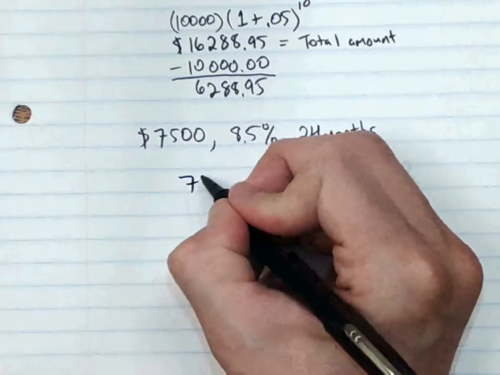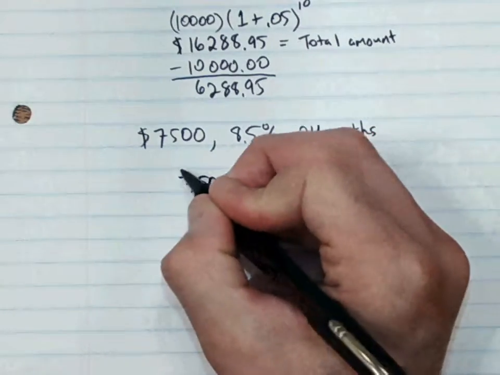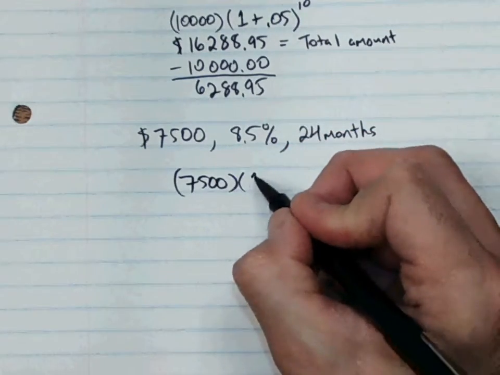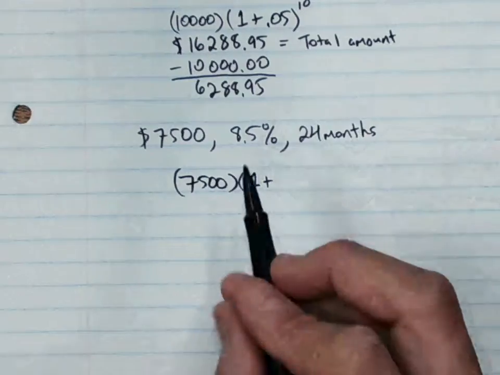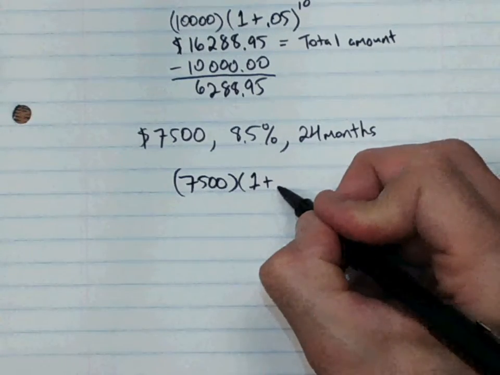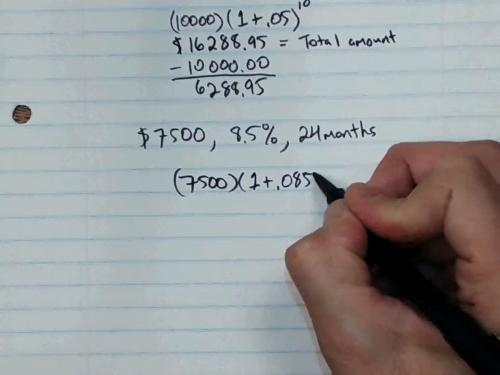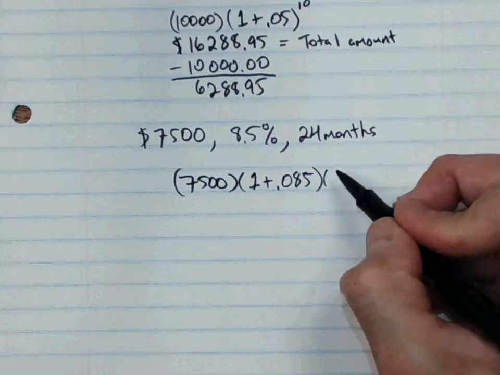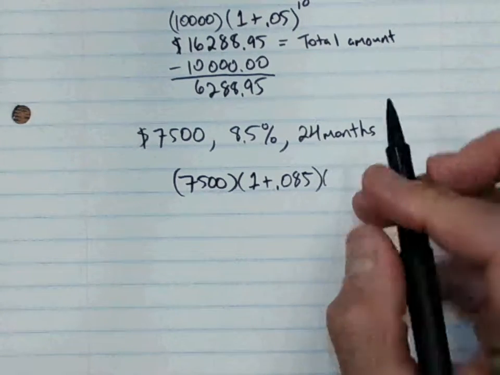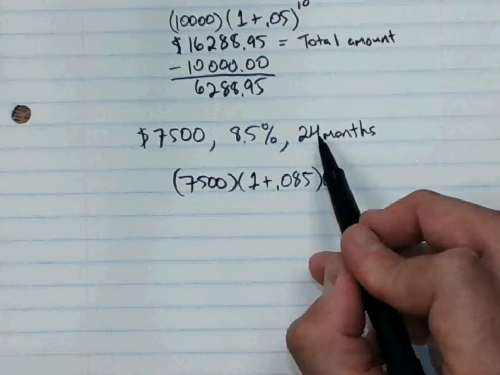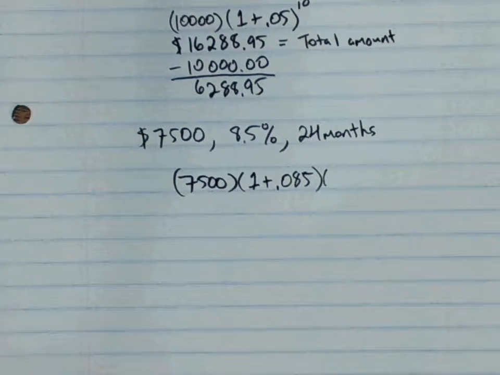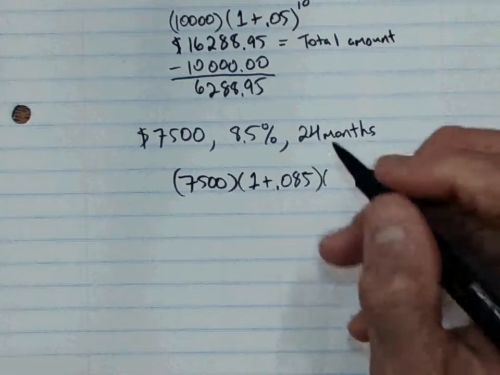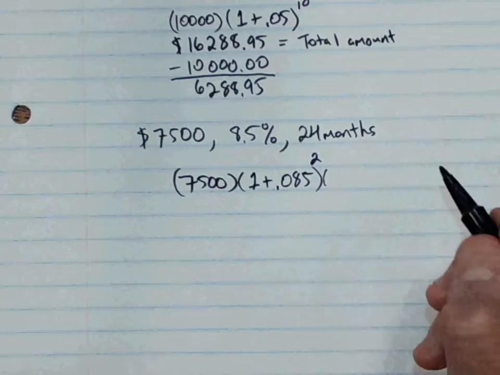I've got my principal of $7,500 separated by parentheses, my constant of 1, and 8.5% as a decimal, which comes out to 0.085, and my time. Your time has to be in years, so we've got to convert that 24 months to years. I'm going to divide 24 by 12, and that gives me 2 years.